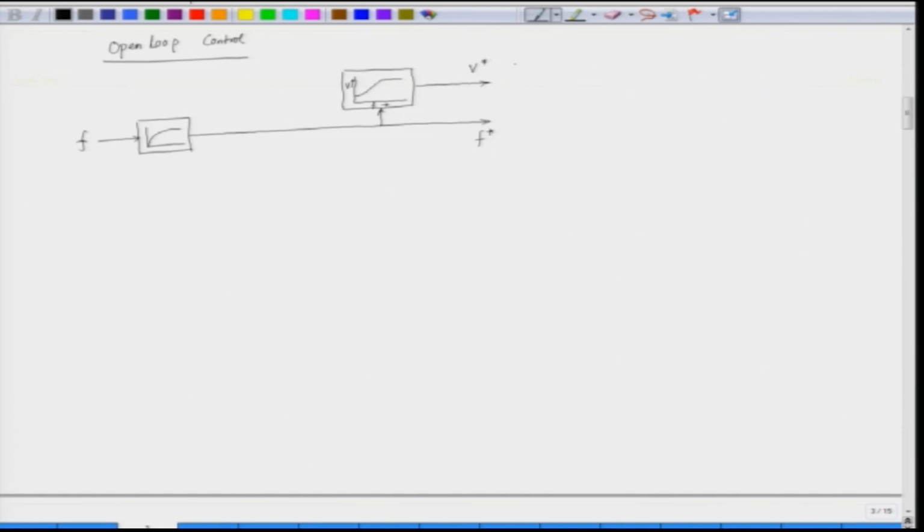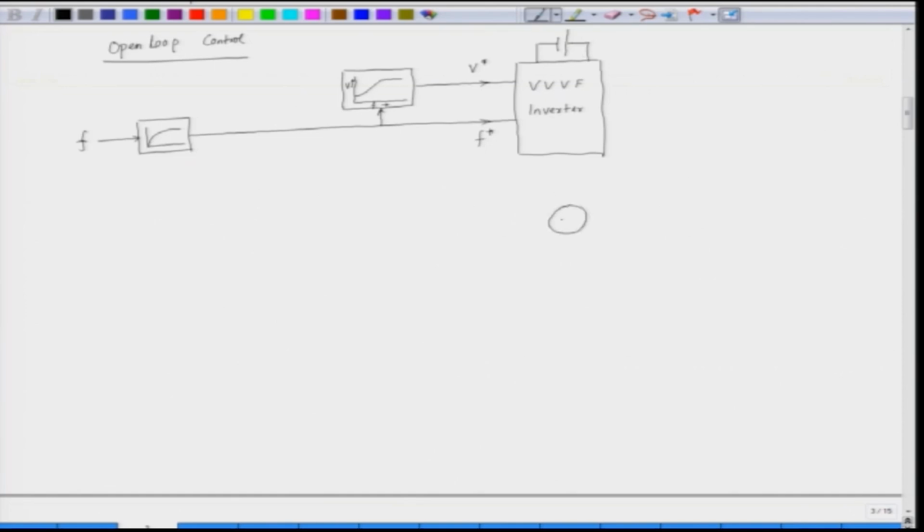And this reference voltage and reference frequency is fed to a variable voltage and variable frequency inverter. So, we have the DC input here, the input DC voltage, and the inverter converts this DC voltage into an AC voltage.